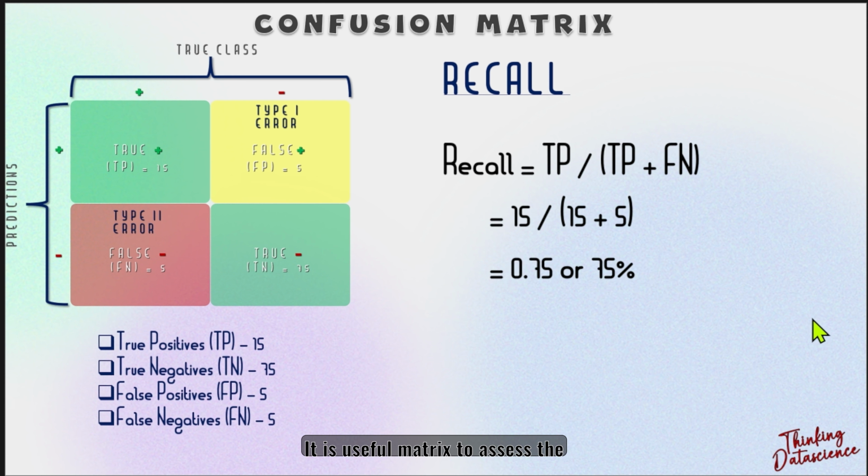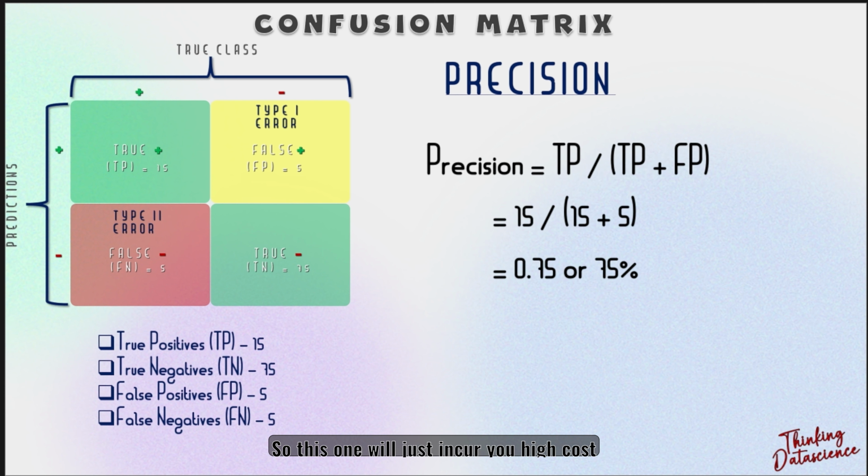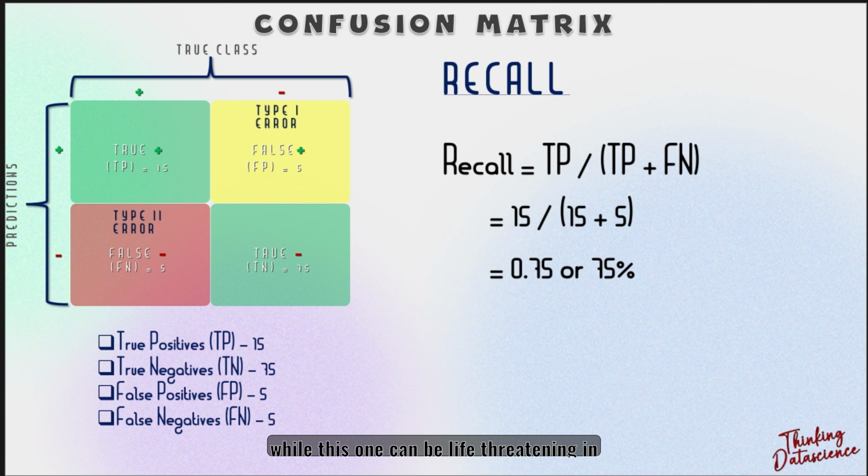It is a useful metric to assess the effectiveness of a model in identifying all relevant cases, and it is particularly important in scenarios where false negatives, that is instances that were positive but were classified as negative, can have serious consequences. So this one will just incur you high cost, while this one can be life-threatening in our example.